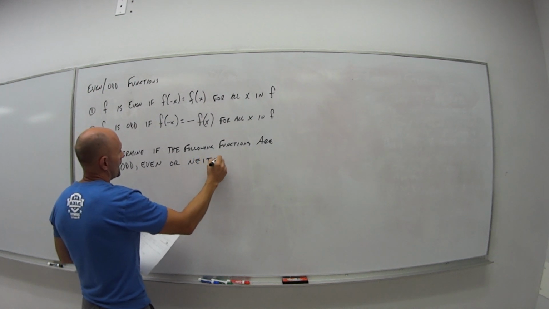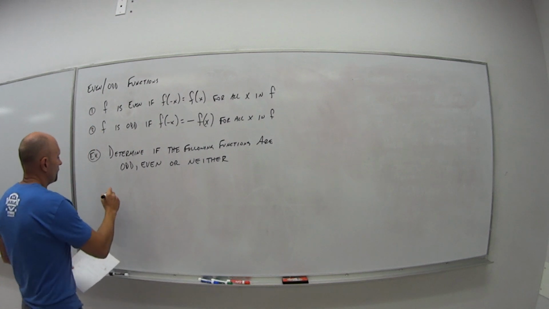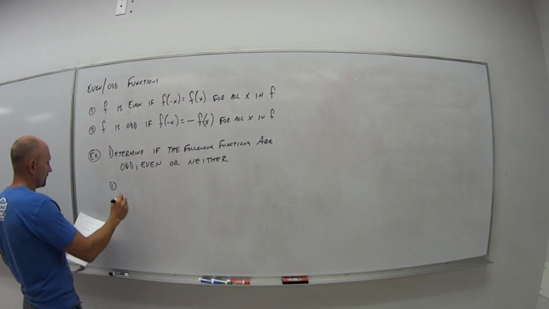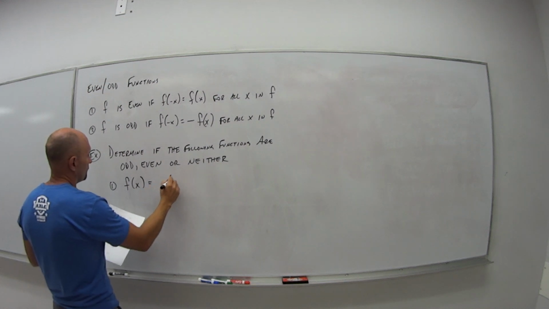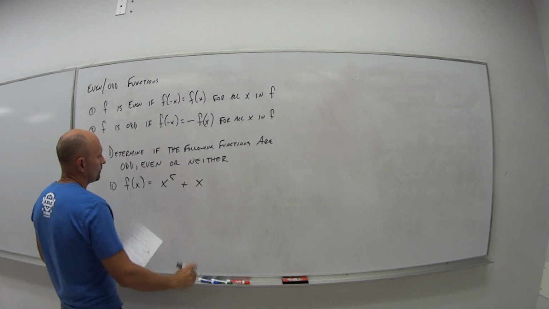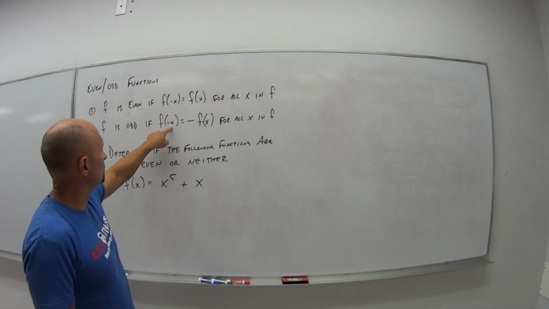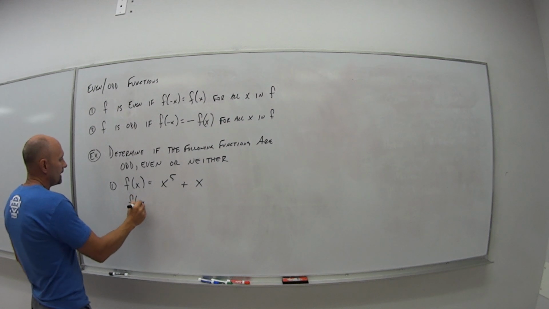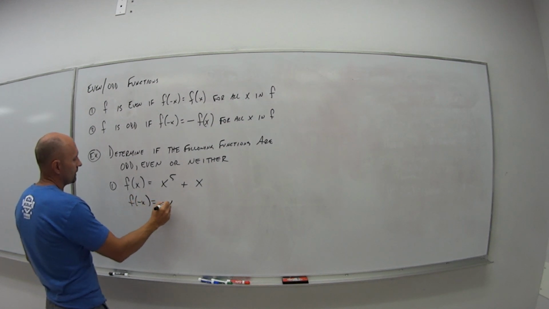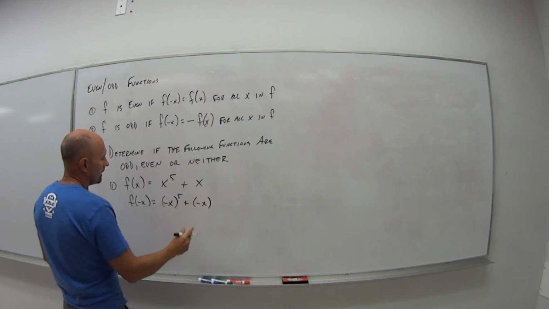So maybe it's not odd and it's not even, so it would be neither. So the first example I have, f of x is equal to x to the 5th plus x. So to determine this, I need to plug in negative x for my function. So f of negative x is what? Well, that would be negative x to the 5th plus negative x.